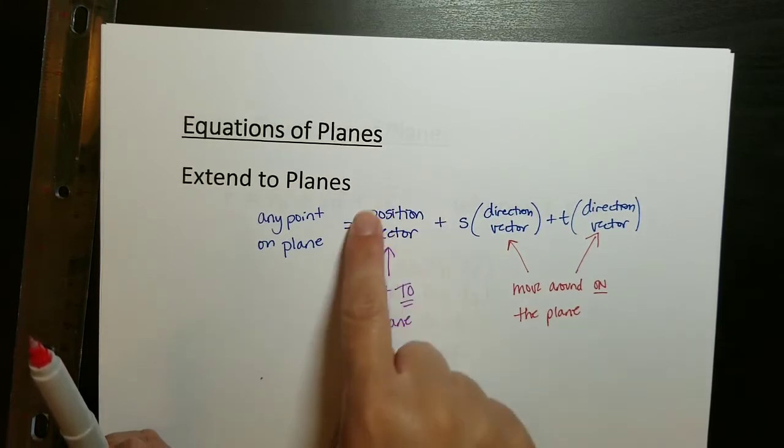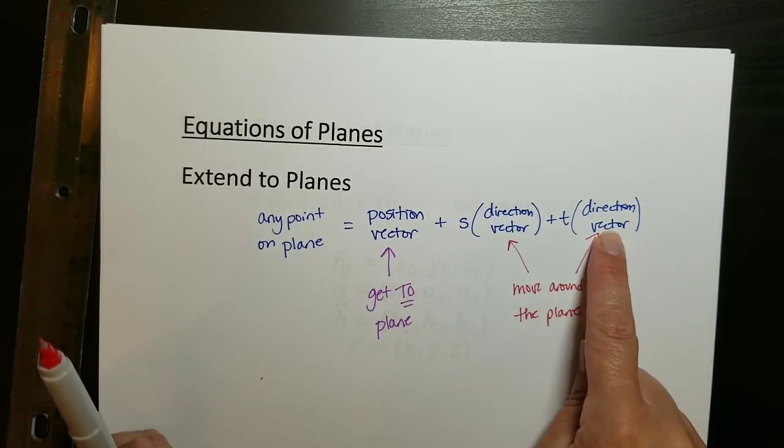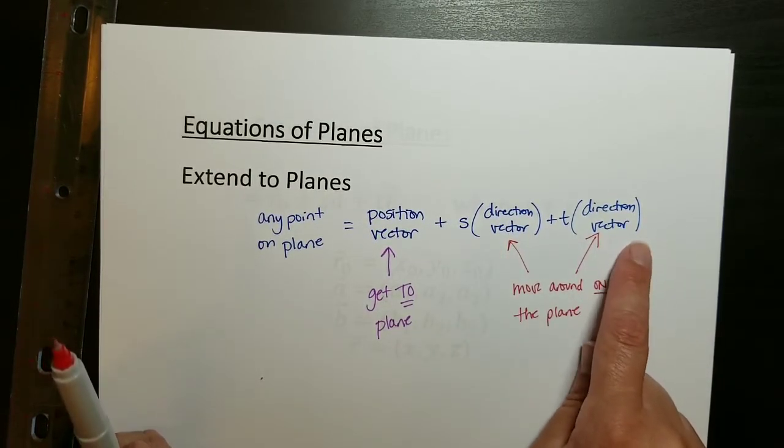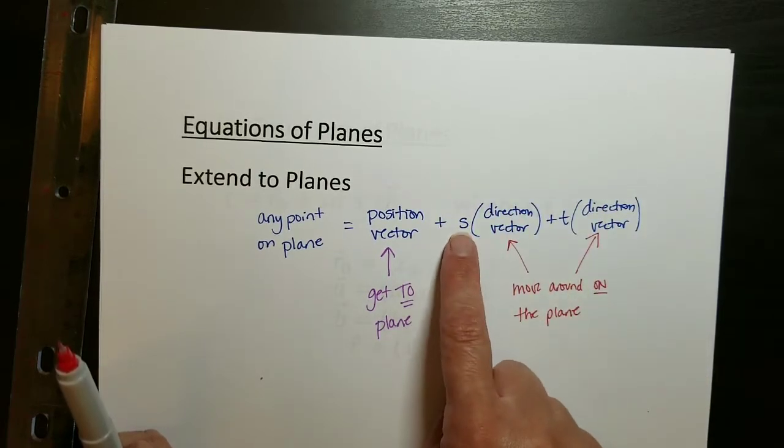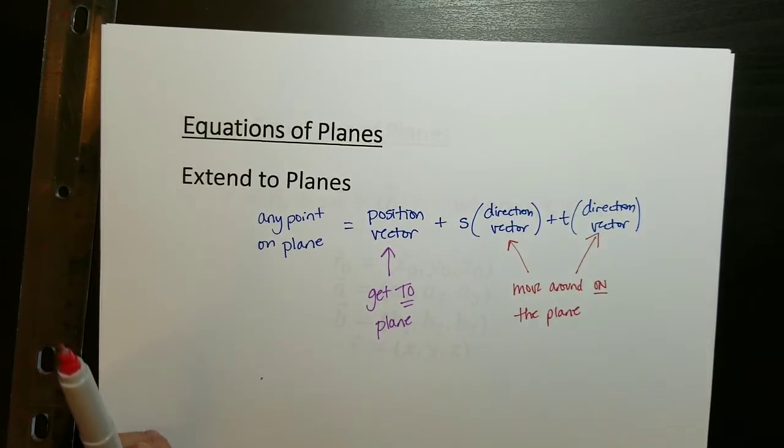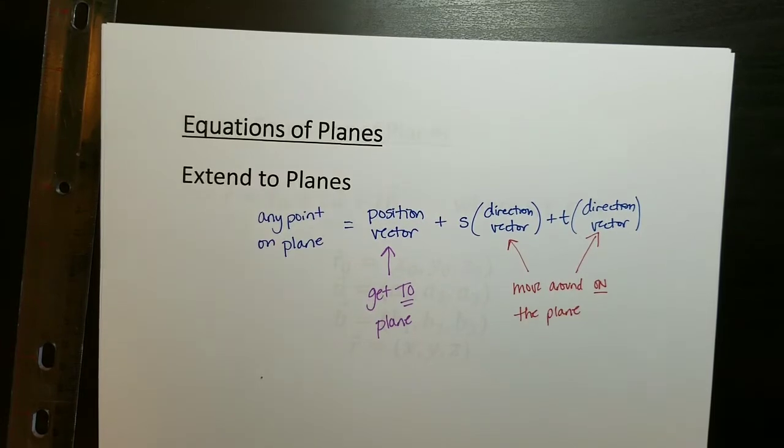So we're going to get to the plane, and then any vector on the plane can be written as this linear combination of two vectors. And again, those two direction vectors may not be scalar multiples. Otherwise, you're just moving in a straight line.